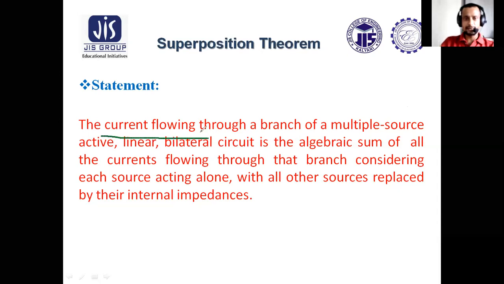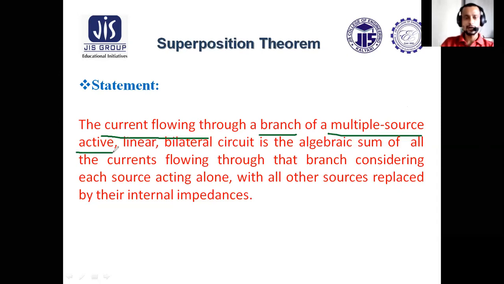This theorem is applied to determine the current flowing through a particular branch. In which circuits is this theorem mostly suitable? A circuit having multiple sources, that means more than one source. The circuit has to be active, that means the superposition theorem is applicable in active circuits only.